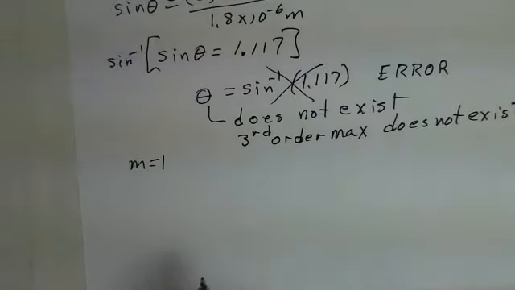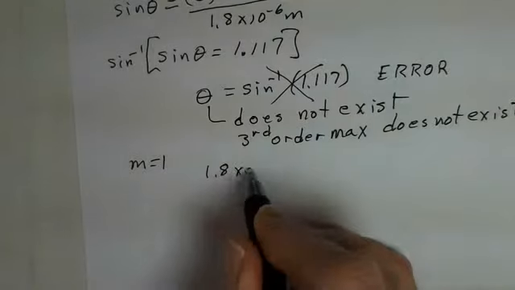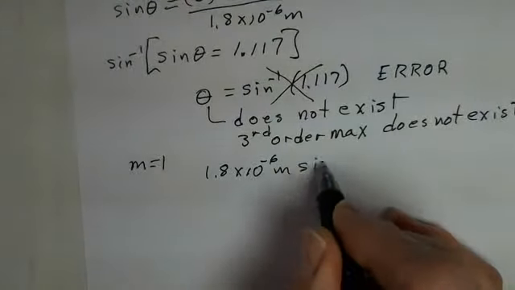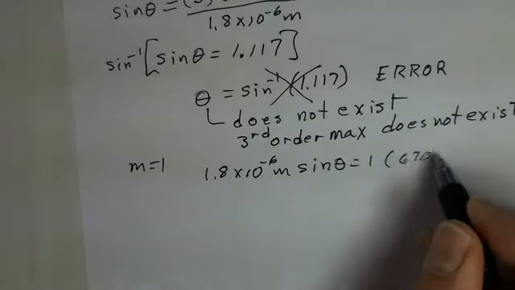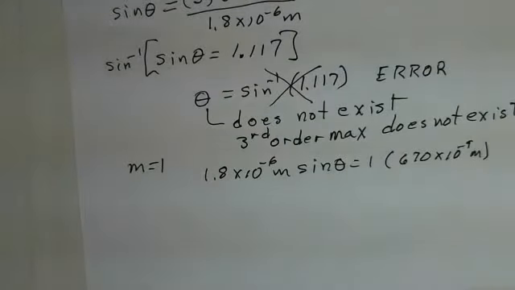So d sine theta equals m lambda for m equals 1. We'd have 1.8 times 10 to the minus 6 meters as our separation of the slits, sine of theta, 1 times 670 times 10 to the minus 9 meters. You should run this through your calculator.